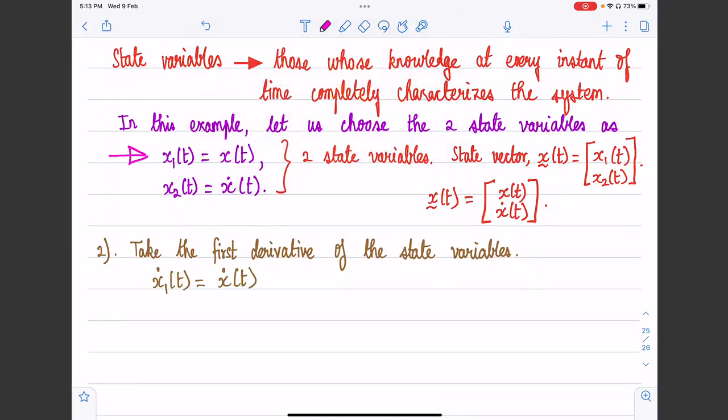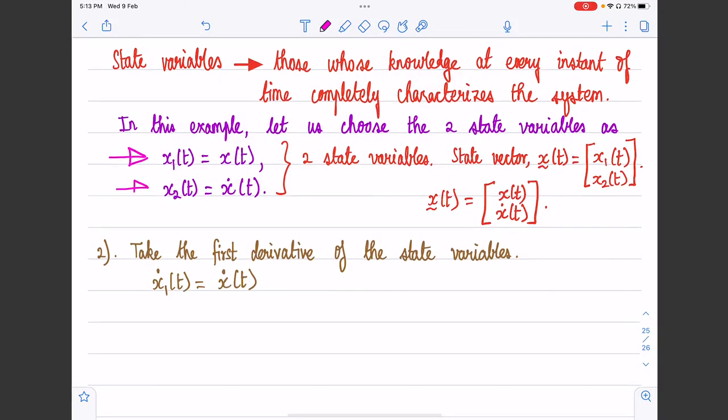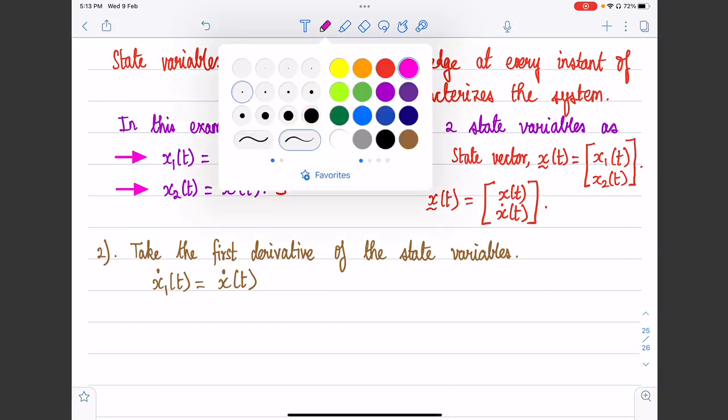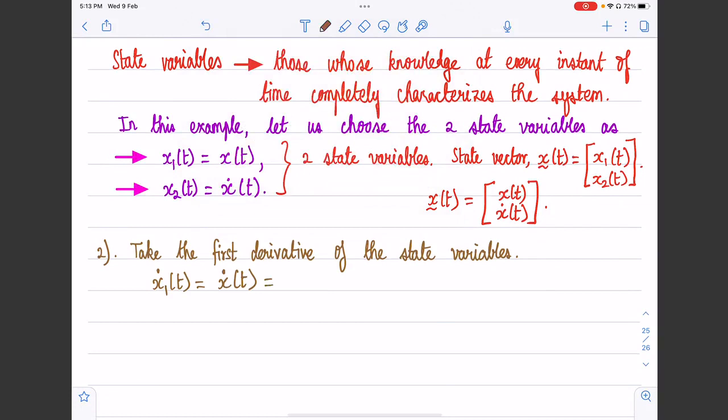If I take the time derivative on both sides, I get x1 dot equal to x dot. However, what is x dot? x dot is x2, right? That's something we can immediately figure out from the second equation. So that's what I'm going to use here. Okay, so x1 dot is going to become x2.